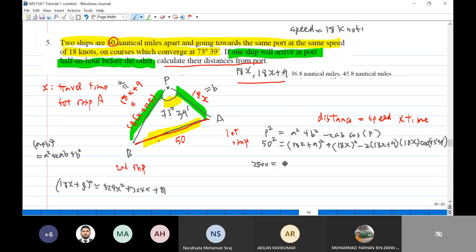And then this is 324x squared plus 324x plus 81. Okay, so this is here. Then 18x squared, so square equals 324x squared.